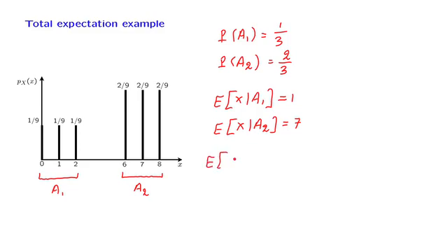And now we can apply the total expectation theorem and write that the expected value of X is equal to the probability of the first scenario times the expected value under the first scenario plus the probability of the second scenario times the expected value under the second scenario.